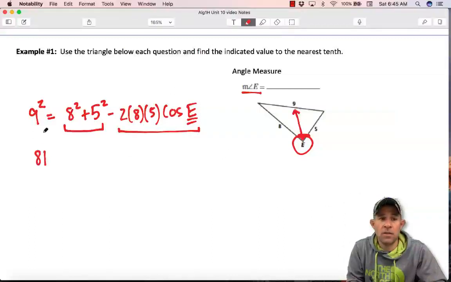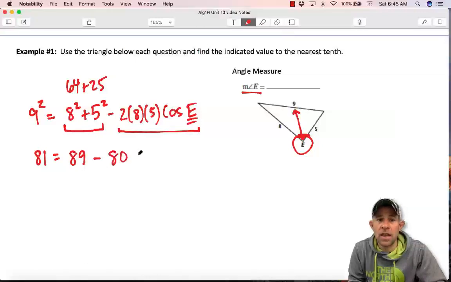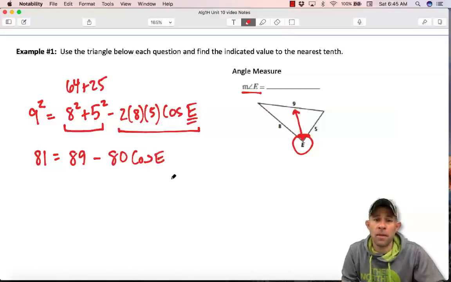So this is my 81 is equal to 8 squared is 64, 64 plus 5 squared is 25. So when I add those two together, I'm going to get 89, minus my 2 times 5 is 10, times 8, which is 80 cosine E. Okay, now again, here's where I do have to be a little bit careful.